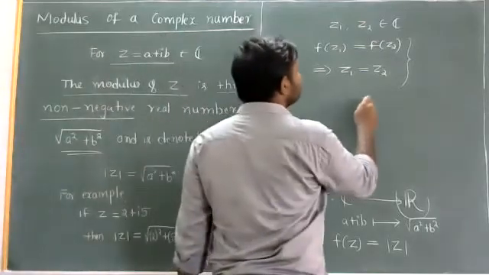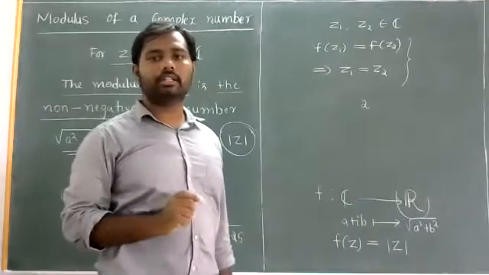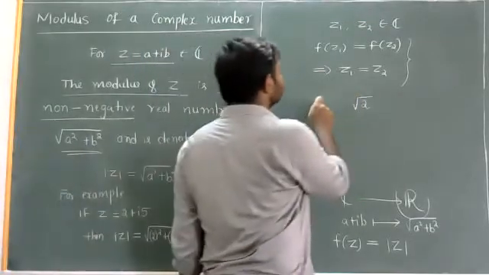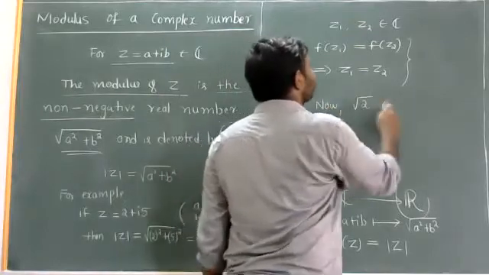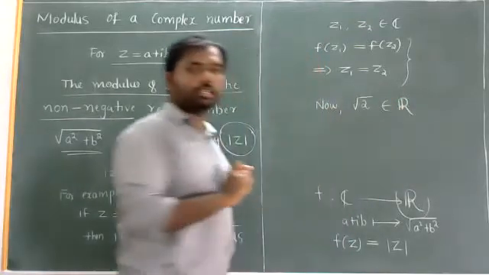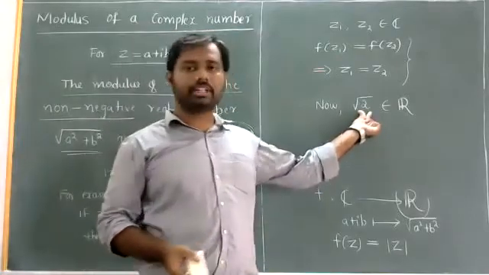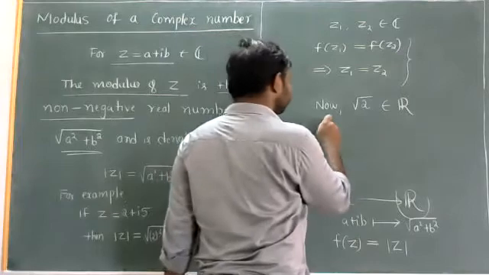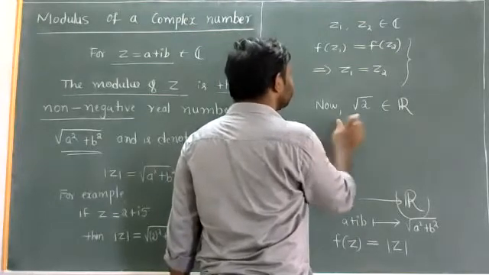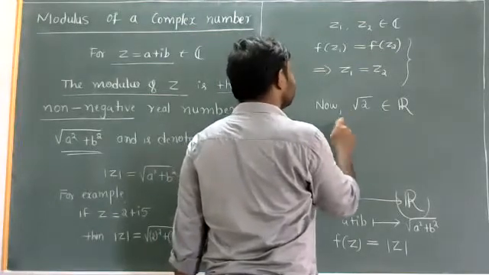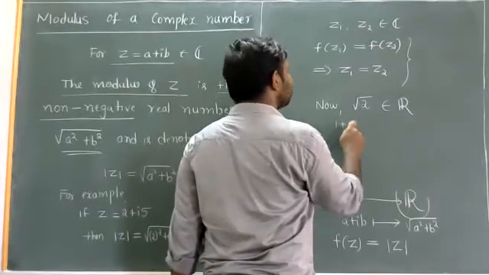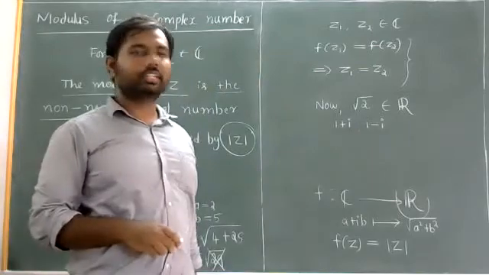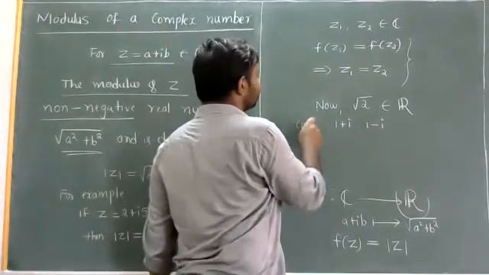Consider the number square root of 2. Square root of 2 is an irrational number, so it is a real number. Now consider two complex numbers. One is 1 plus i and the other is 1 minus i. Consider these two complex numbers.